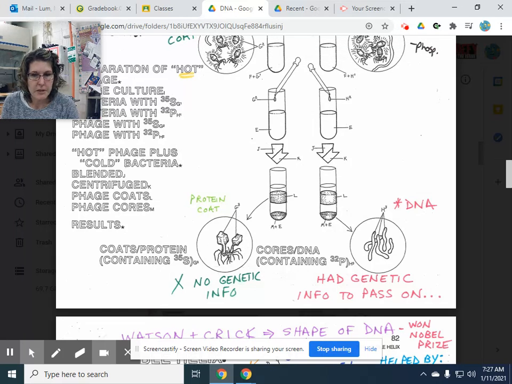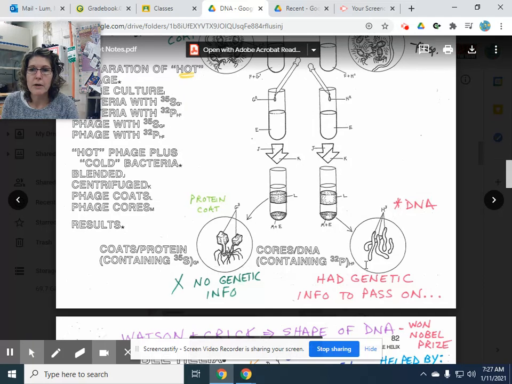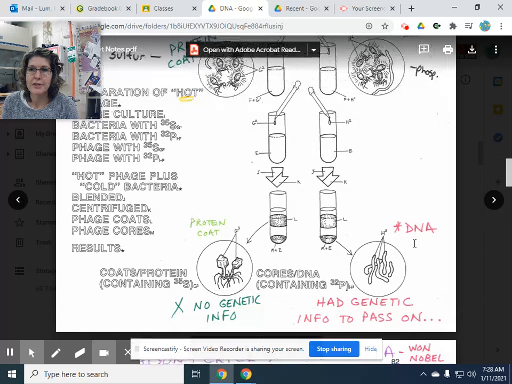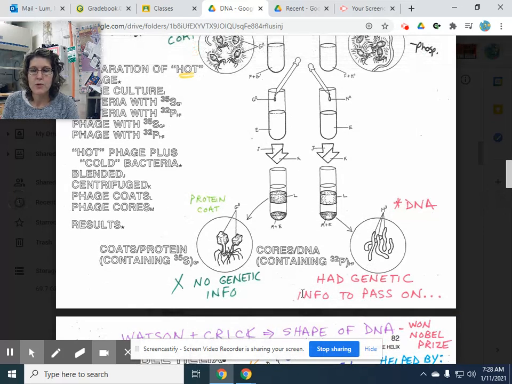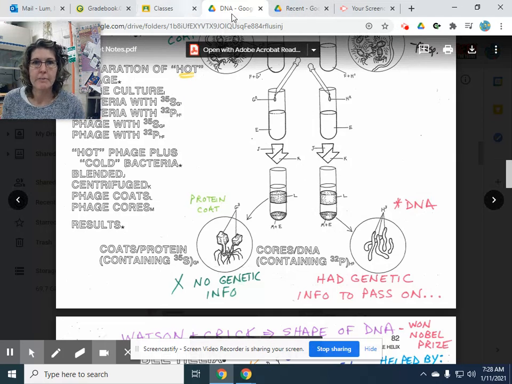So it wasn't the protein coat that got passed through, but the genetic material on the inside, which is your DNA. My radioactive phosphorus is what was getting picked up. So with this blender experiment, the genetic material, the inside stuff, is what had the information that got passed on to that next generation.